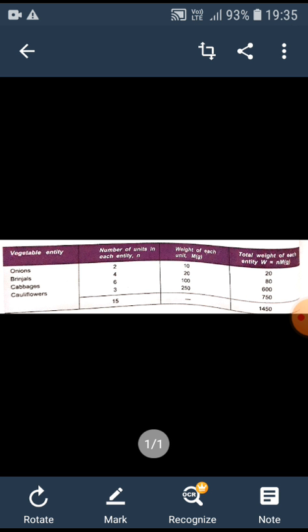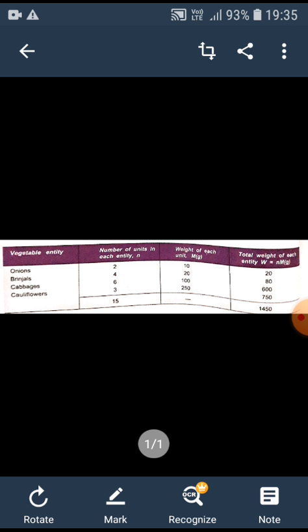Now, we will see the contribution made by 2 onions towards the average weight of the vegetables in the basket. This we will get by multiplying the number fraction of onions by the weight of each onion. So the number fraction of onions is 2 by 15 and the weight of each onion is 10, as we can see from the table. So what we do?